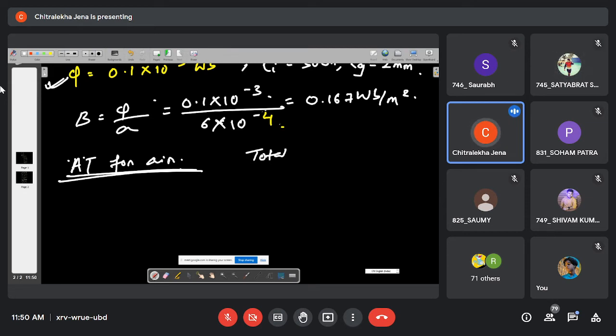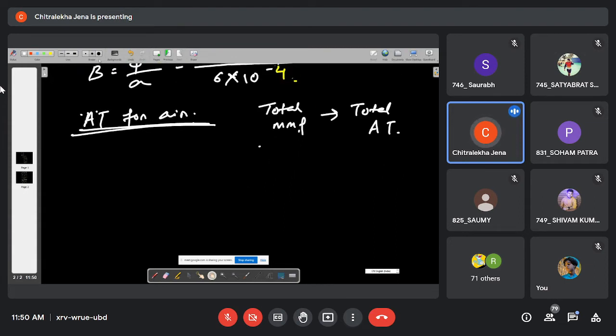My simple equation: total MMF is nothing but your total ampere turns. The unit of MMF is ampere turns. Total MMF is equal to ampere turns for the air gap plus ampere turns for the iron. First you find it for iron.